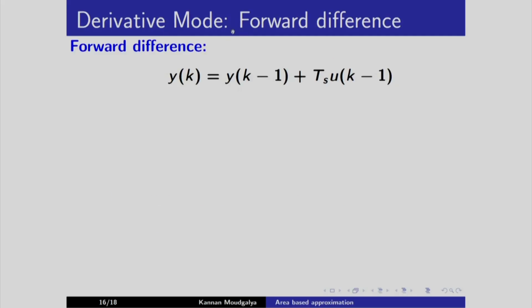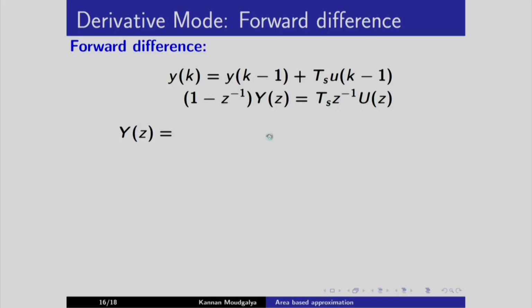We will also consider forward difference. Previously we had used Ts into uk, now you use Ts of uk minus 1. So let us simplify this, Ts into z minus 1 into u of z.